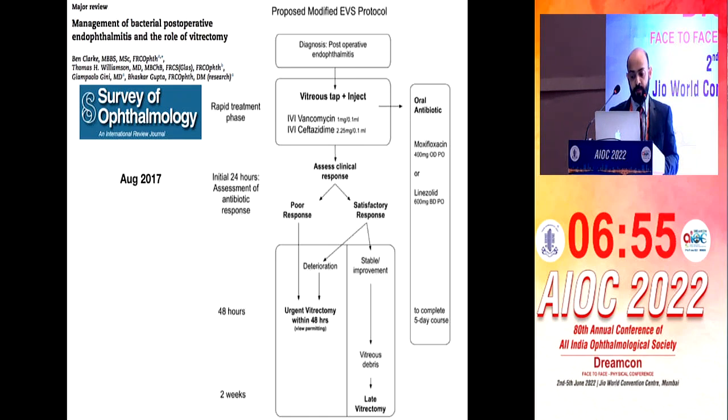Once the initial treatment is done, we assess the clinical response after 24 hours. If there is a satisfactory response, then we go ahead with the same treatment. And if there is a poor response, then an urgent vitrectomy is indicated. There is no role for a repeat intravitreal injection.